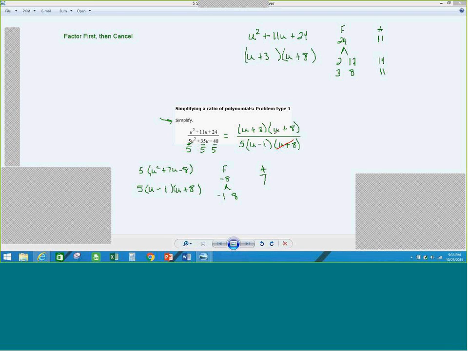So we can cancel these. And it leaves our final answer, a simplified fraction of u plus 3 over 5 times u minus 1. And I leave mine in factored form. I would not bother distributing the 5 back in there.